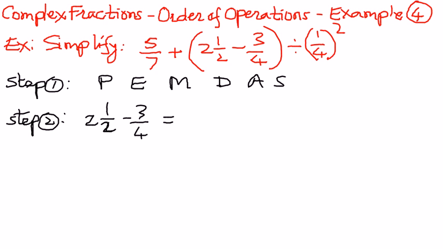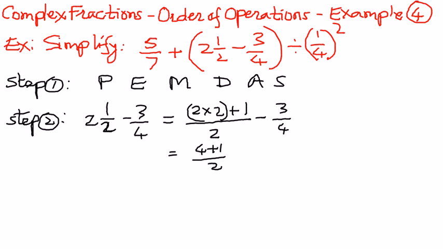We take the denominator, multiply it by the whole number, add the product to the numerator, and divide by the denominator, which is 2, minus 3 over 4. So 2 times 2 is 4, plus 1, divided by 2, minus 3 over 4. When we simplify this some more, this is going to be 5 over 2 minus 3 over 4.